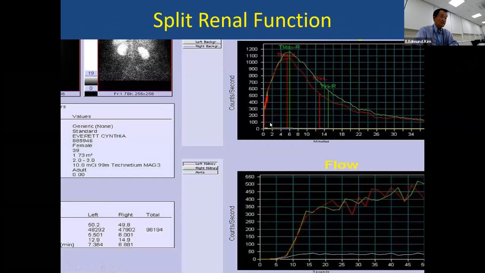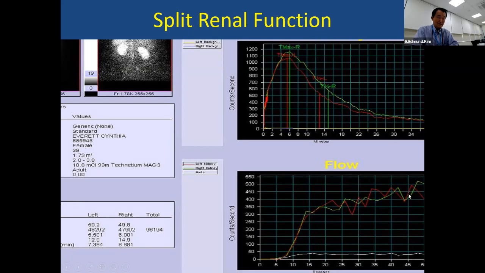So again, to evaluate split function, see the flow, and you can see this 0 to 1 minute. We have to look at the aorta as a reference. If this is the aorta, that's a very poor injection.